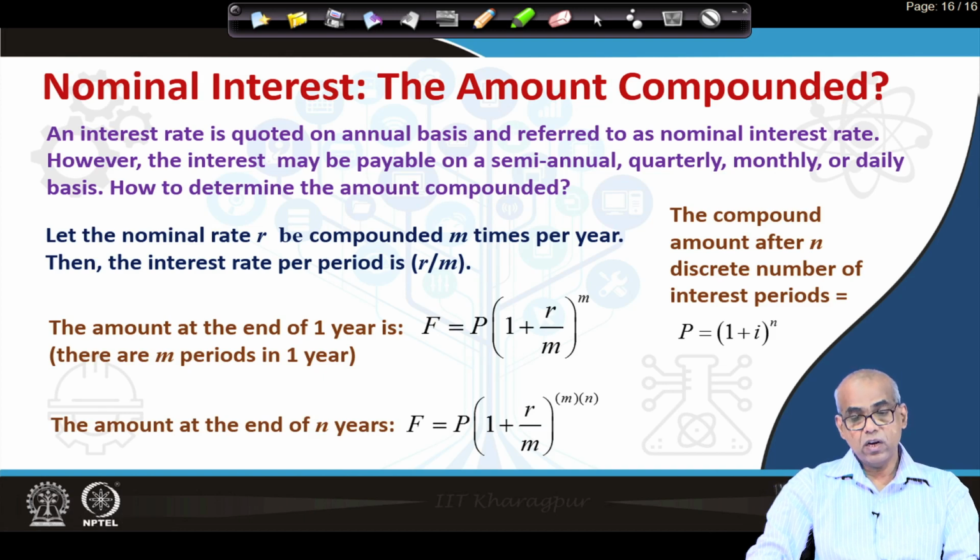The amount at the end of n years will be P(1 + r/m)^(mn). So, this is how you will calculate the amount compounded for nominal interest rates.